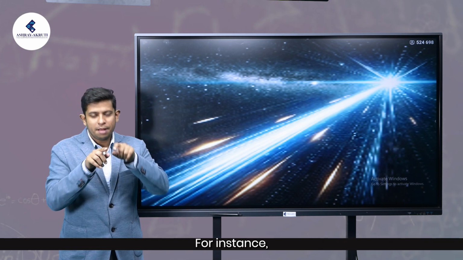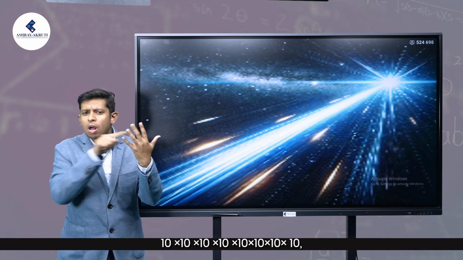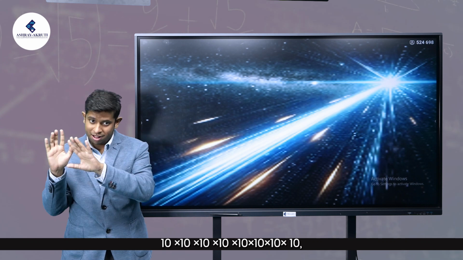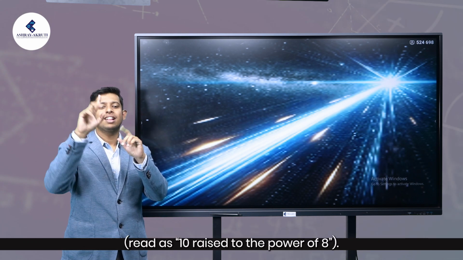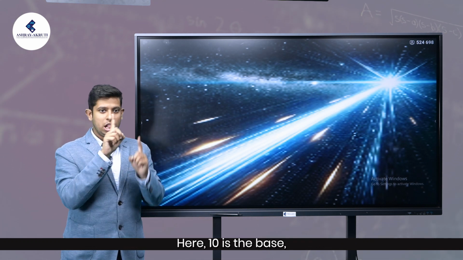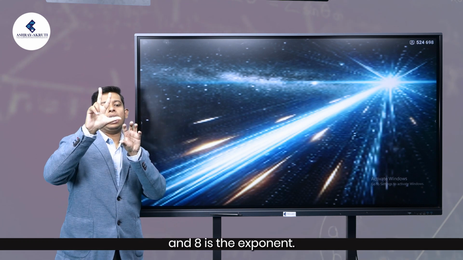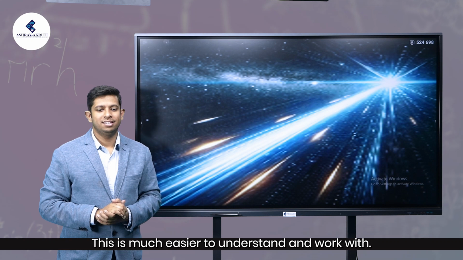For instance, instead of writing 10 into 10 into 10 into 10 into 10 into 10 into 10 into 10, we can just write 10 to the power of 8, read as 10 raised to the power of 8. Here, 10 is the base and 8 is the exponent. This is much easier to understand and work with.